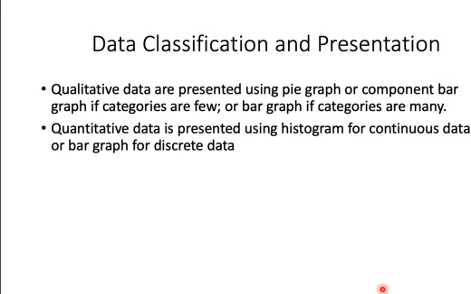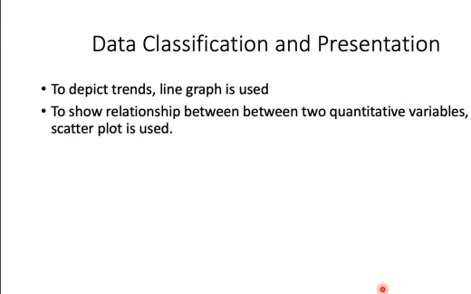Histogram, we don't have spaces between bars, and we use histograms for continuous data. And to depict trends, say for example, number of COVID cases every day, then you use a line graph. And to show relationship between two quantitative variables, you use a scatter plot.